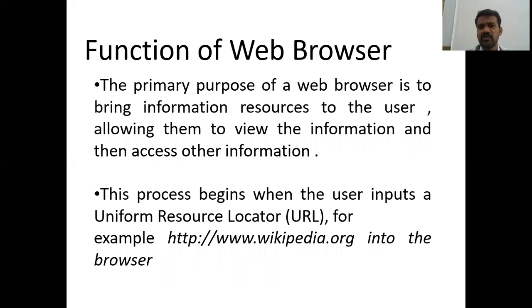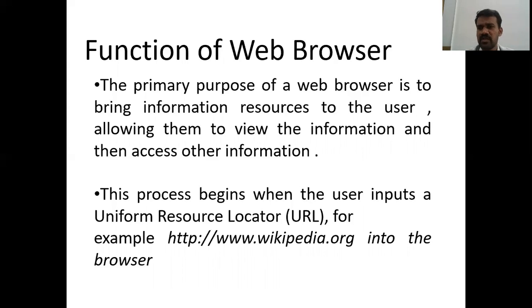So what are the functions of a web browser? The primary purpose of a web browser is to bring the information resource to the user, allow them to view the information, and also access it. That means I request the server to send information, the information is sent, I view it, and I can access it.